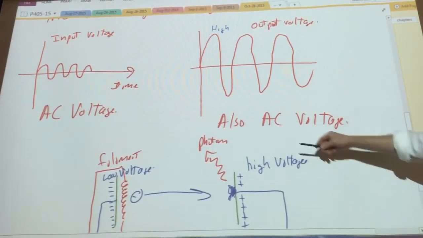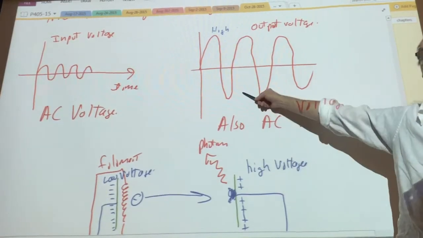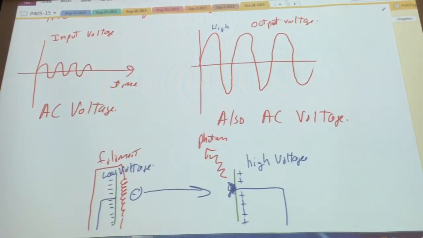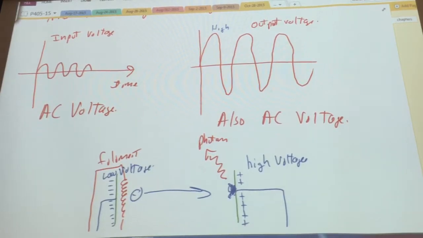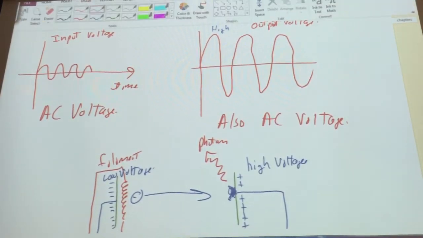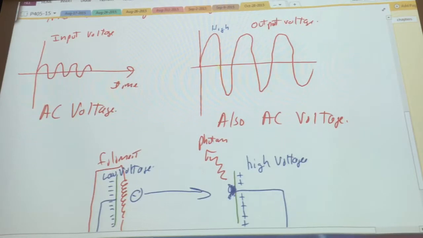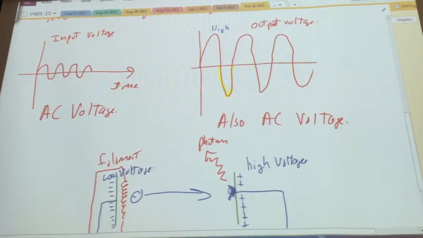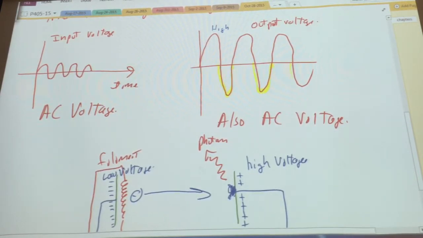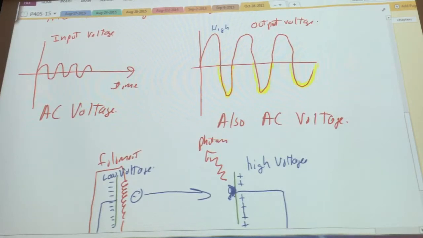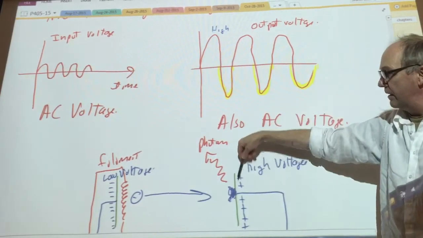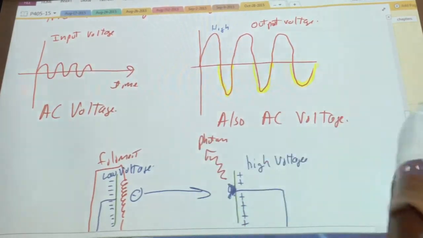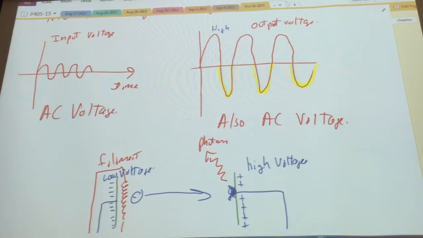So this is what we need, this is what we have, and the part of this voltage wave that is bad news is this part. We need to get rid of these because they present a problem. If I attach this voltage to here, I'm going to force the electrons back into the cathode. And I don't want that.